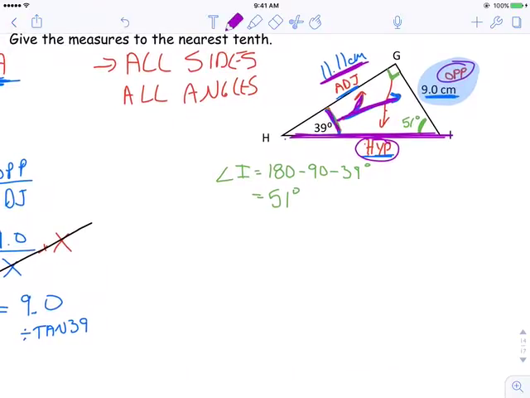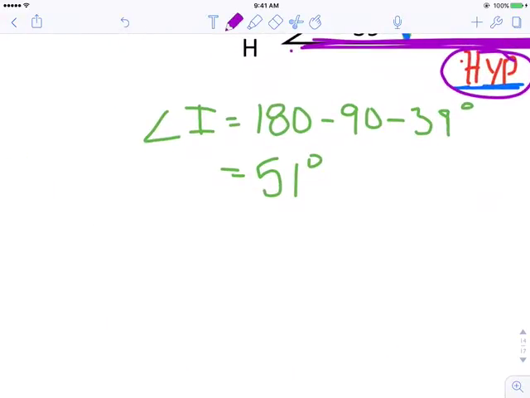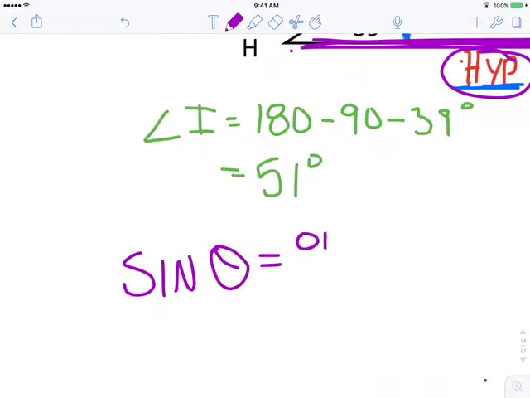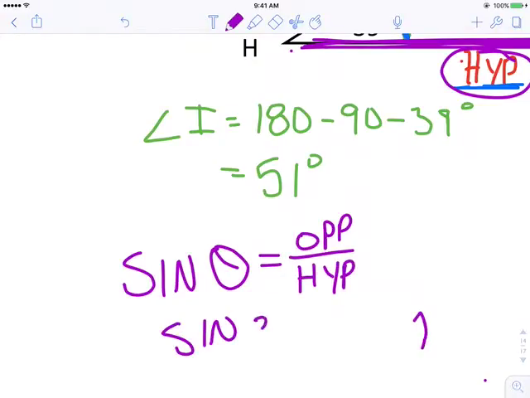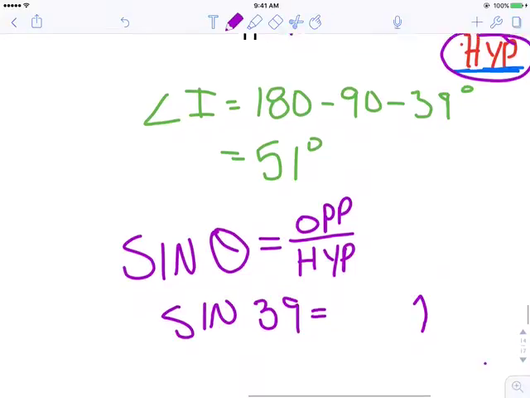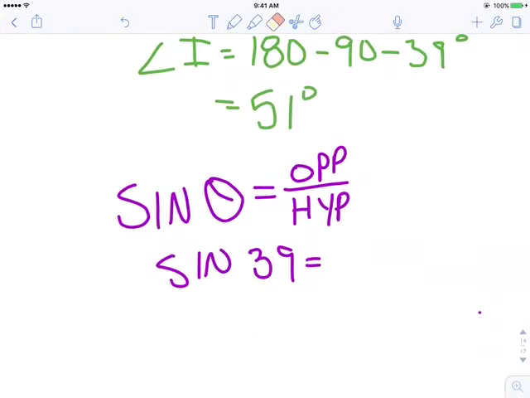So now I'm going to use opposite over hypotenuse. That's sine. Sine of theta is equal to opposite over hypotenuse. Sine of 39 degrees is equal to opposite, which was 9, over my hypotenuse again, which is x.